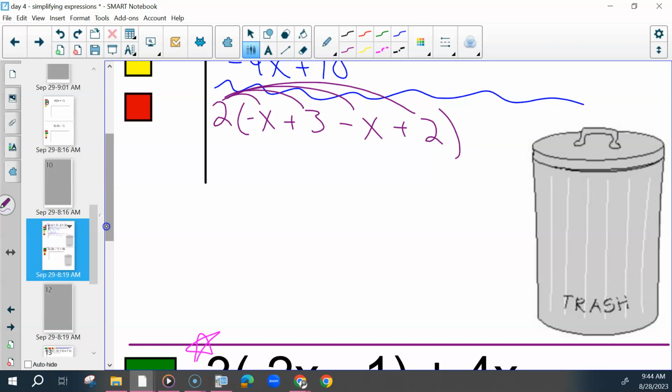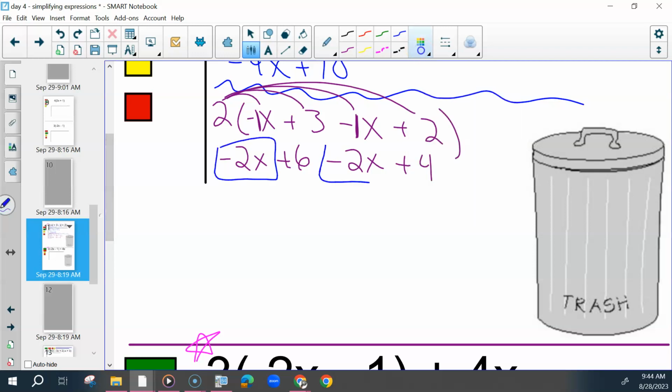So we'd be multiplying to get -2x plus 6 minus 2x plus 4. But then we would still have to combine our letters. And when we combine those, we would get 1.